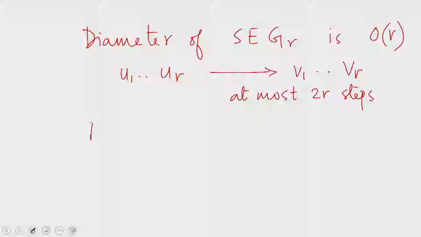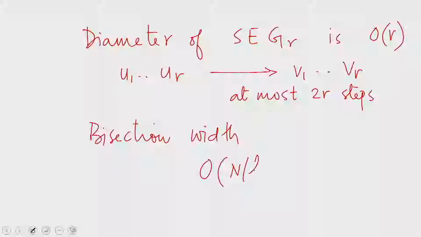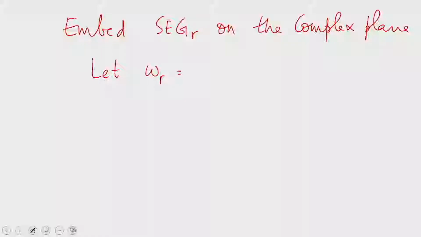What about bisection width? It can be shown that the bisection width is order of n by log n, and the proof is quite interesting. Let us embed the shuffle exchange graph on the complex plane. Let us define omega r as e power 2 pi i by r, which is the rth root of unity.